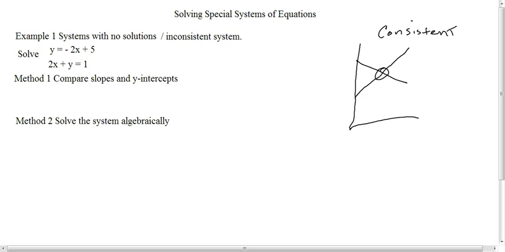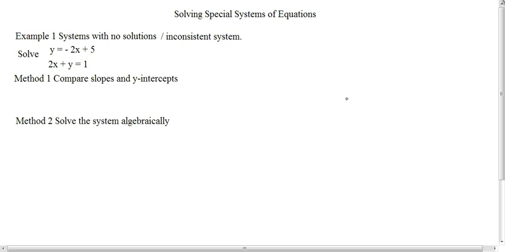Okay, so now we want to take a look at when two lines in a system do not intersect. So if we have a coordinate plane and we have a line that's going here and another line is here, these lines do not intersect.